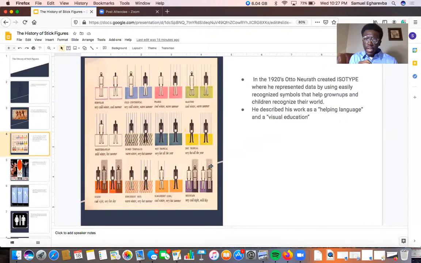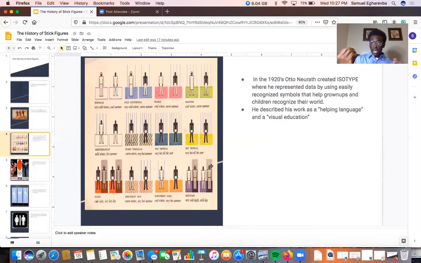So here in the 1920s, Otto Neurath created what was called the isotype, which is the international system of typographic picture education, which is where he used quantitative and qualitative data, and he displayed this data by using symbols that everybody can understand, digest and recognize.